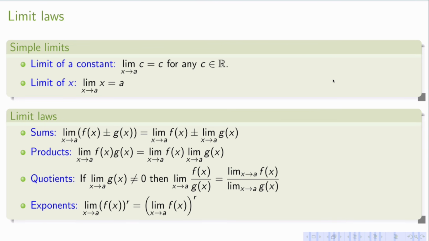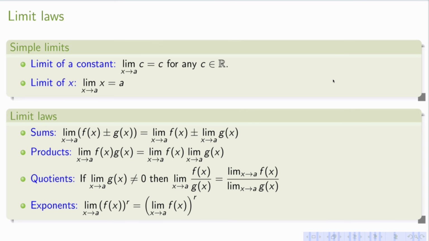Now here are the arithmetic rules for limits. So we have the limit of the sum, f plus g, is the limit of f plus the limit of g, and the same for minus. The limit of f times g is the limit of f times the limit of g, as you would expect. Now if you build quotients, then you need to be careful that you do not divide by 0.